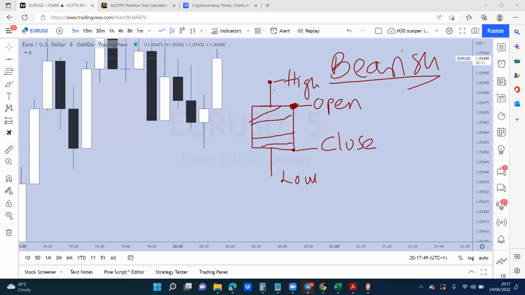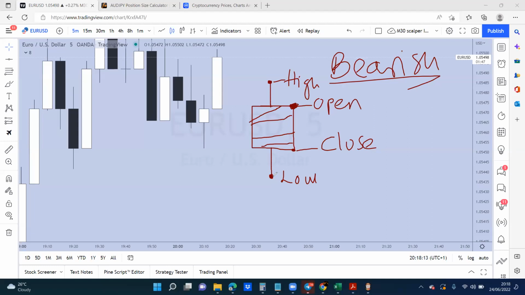Now, sellers came in and began to push price. It was a tug of war. Price was going up and down, a tug of war. And sellers at some point pushed it down up till this level, right? And that became the low. This was the lowest point within that hypothetical 5 minutes time frame.